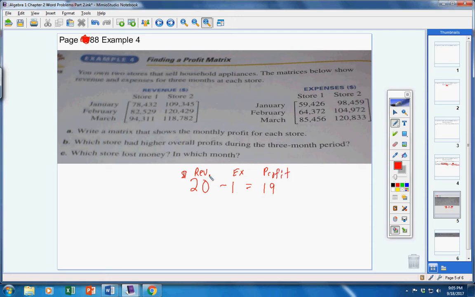Correct? You take your total money minus your expenses, and you're left with your profit. Got it? Okay, let's read letter A.